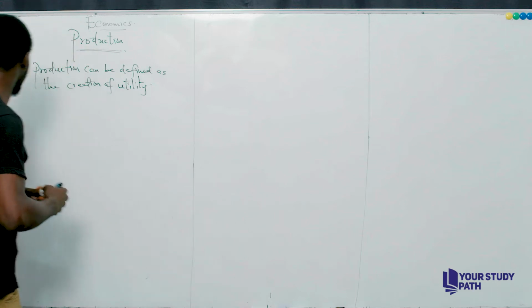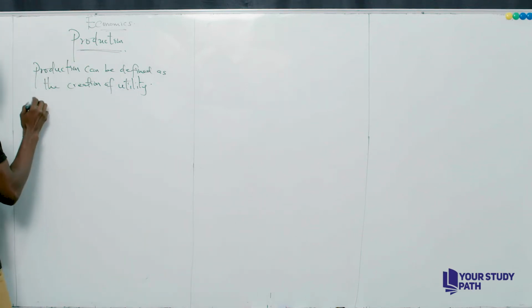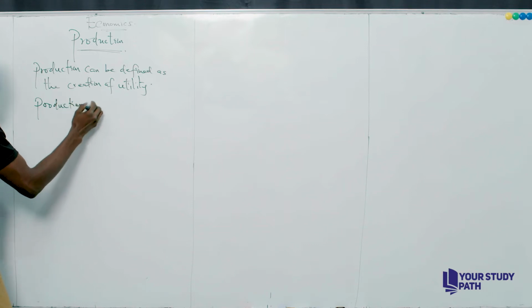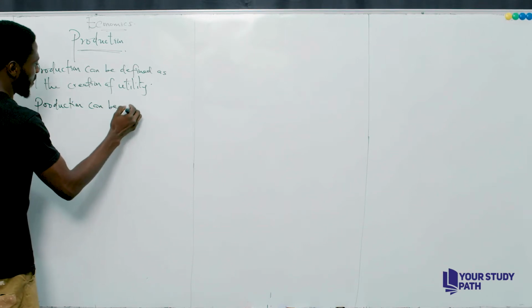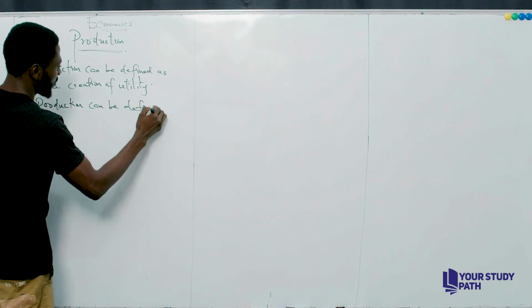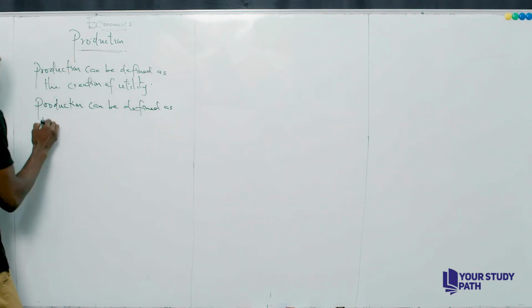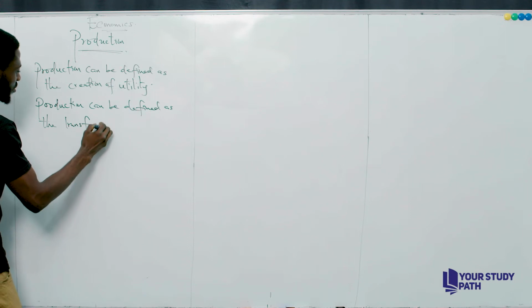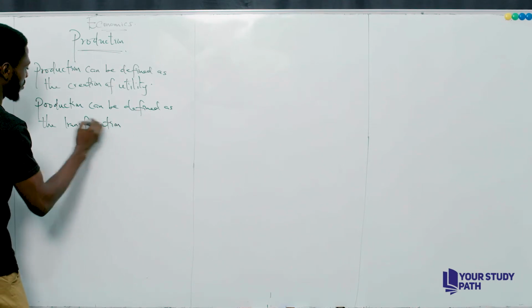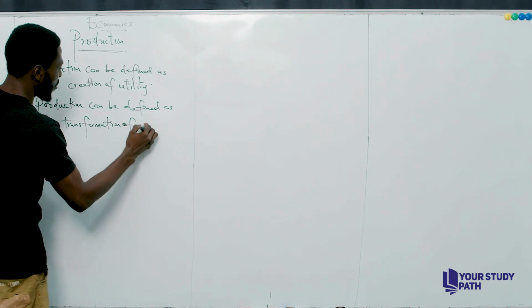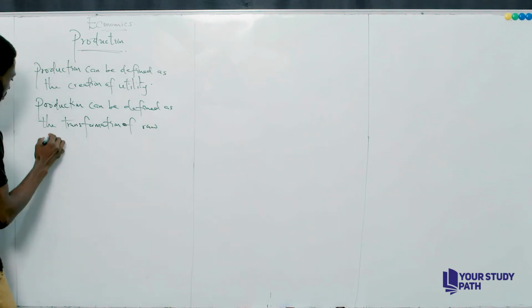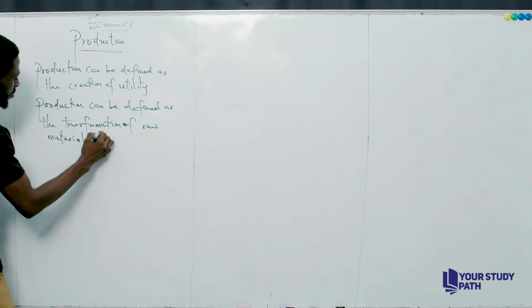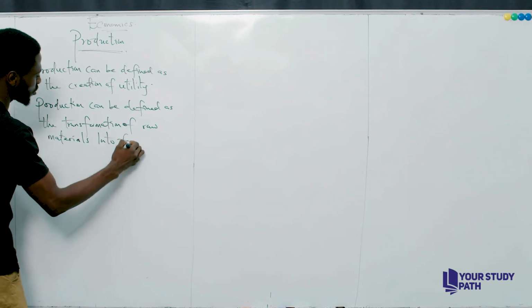We can move on to another definition, saying production can be defined as the transformation of raw materials into finished goods.